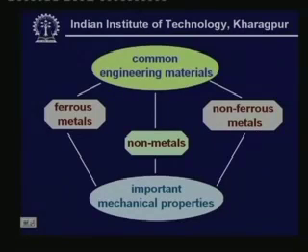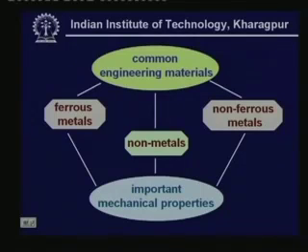Although there are various materials available and the list is never ending, here we will be considering common engineering materials, which means those materials which we see in everyday life used in the manufacturing of machine components.